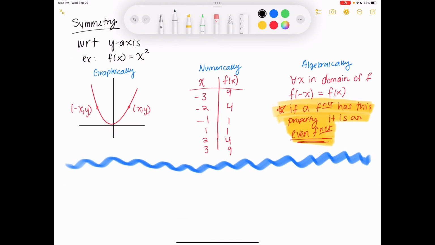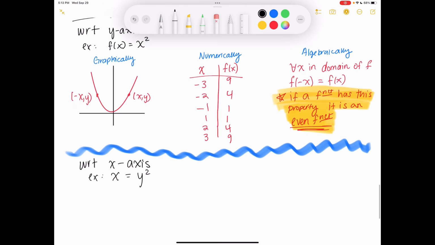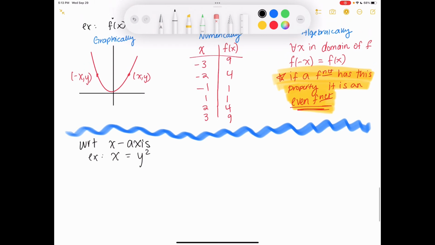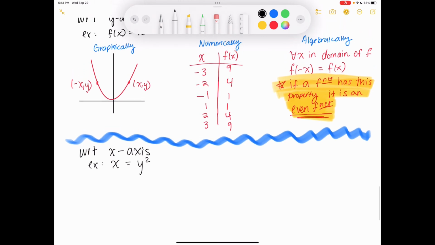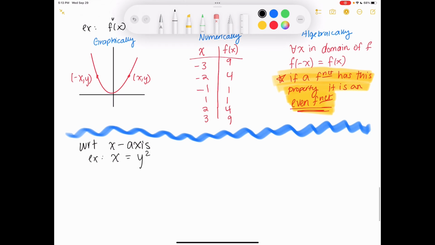All right, so then the next one we would do with respect to the x-axis. And for that example, I'm going to be dealing with x equals y squared. That has to do with the type of problem I'm dealing with here. If you need to pause to get the stuff that I wrote down before, I would do that because I'm going to slide it up here.